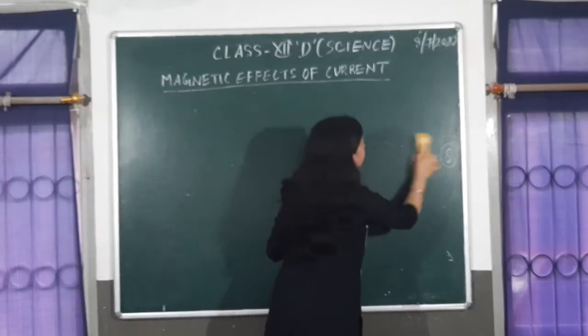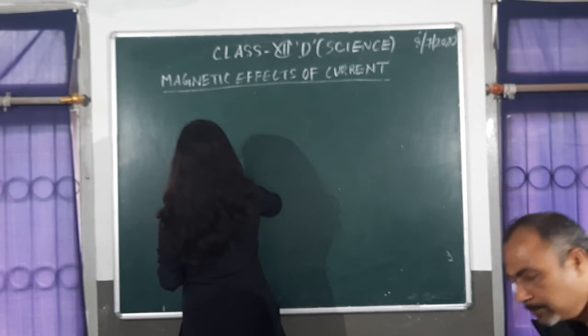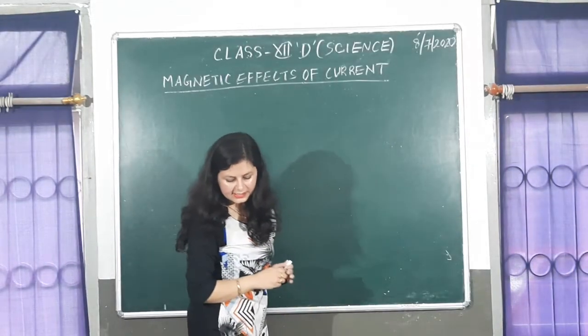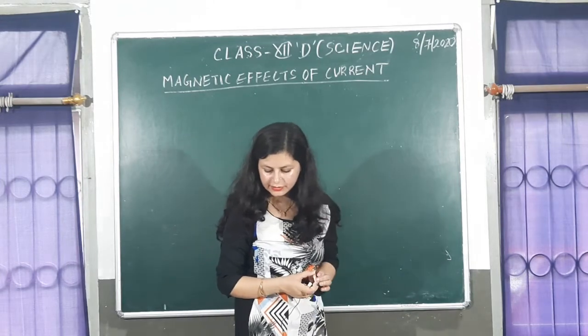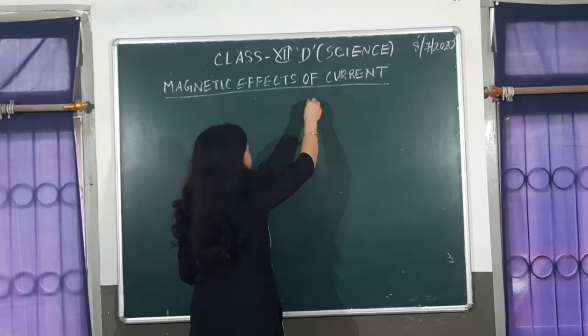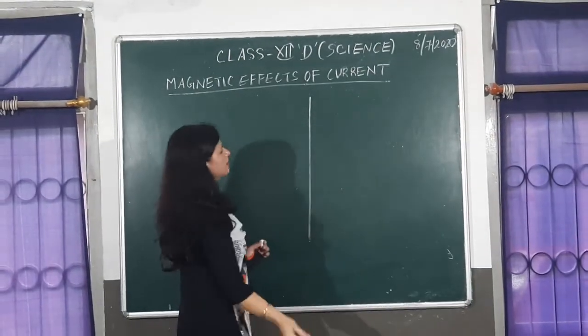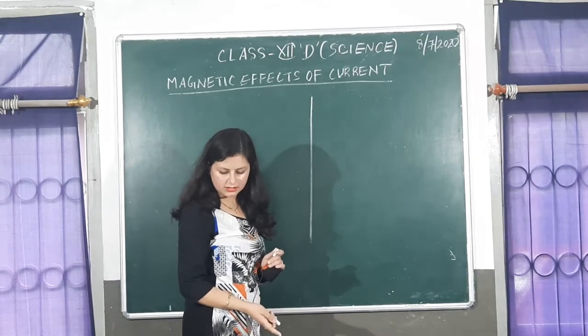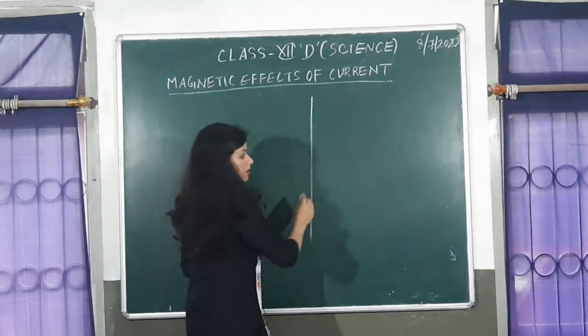Alright, we will now move on to the application of Biot-Savart's law. The first application is to find out the magnetic field due to a straight wire carrying current. Alright, so let us take a straight wire, the length of which may be infinite. We will come to the special cases later on, okay?